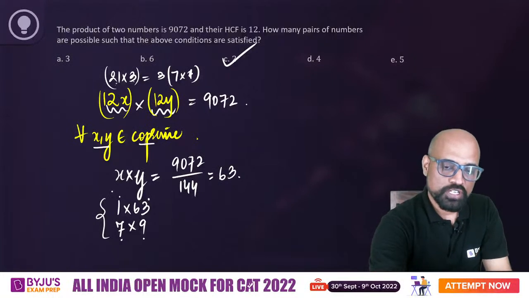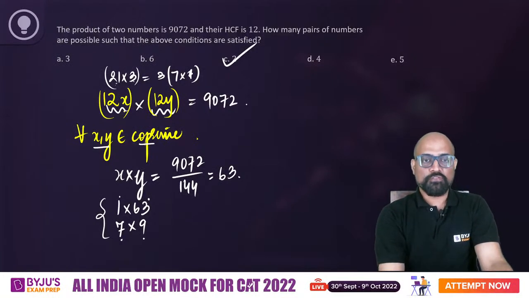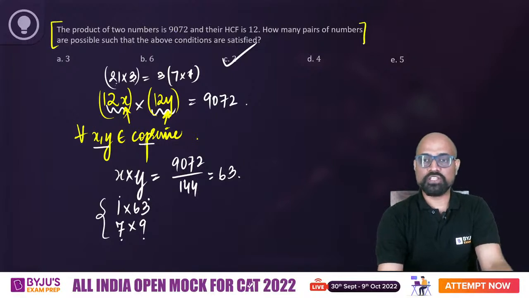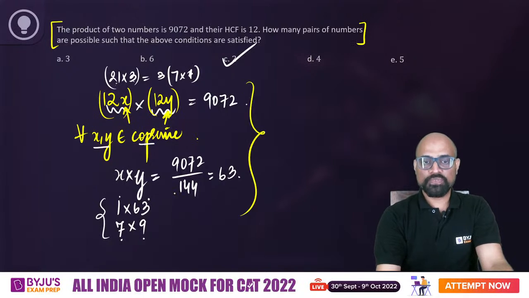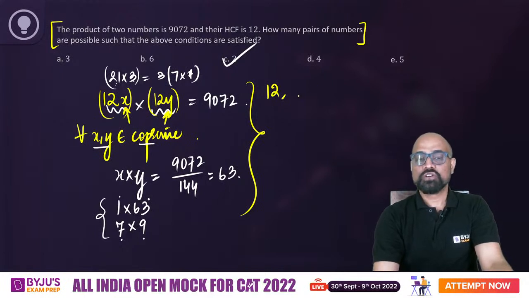So in this question, Nikita, I have chosen x and y. In the question, there is no mention of x and y. So if I take x as 1, so one number is 12. If I take y as 63, so I will have 12 into 63. 12 into 63 is going to be 630 plus 126. So this is going to be 756.